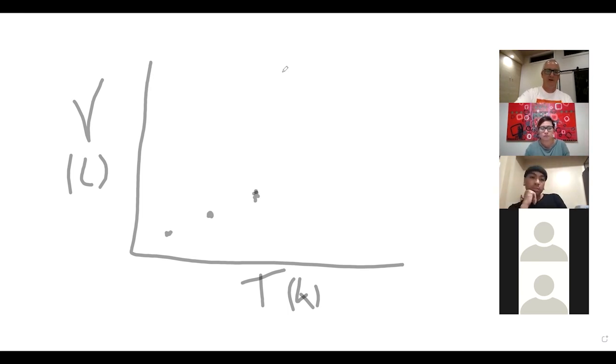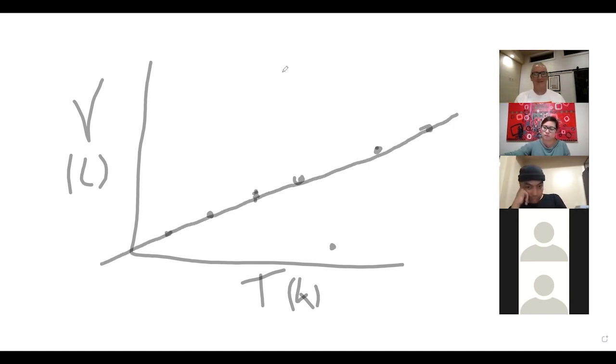It's looking good. Here's my fourth one, then my fifth, my sixth, and my seventh one. So I'm looking at this and going, man, these are perfect, and they go right through zero. But when I plot this on the computer, it gives me something like this.